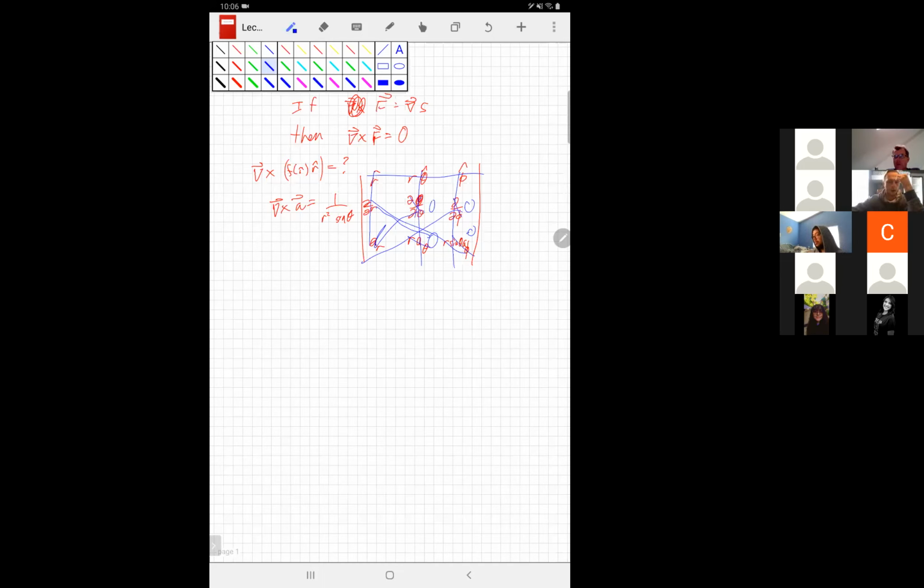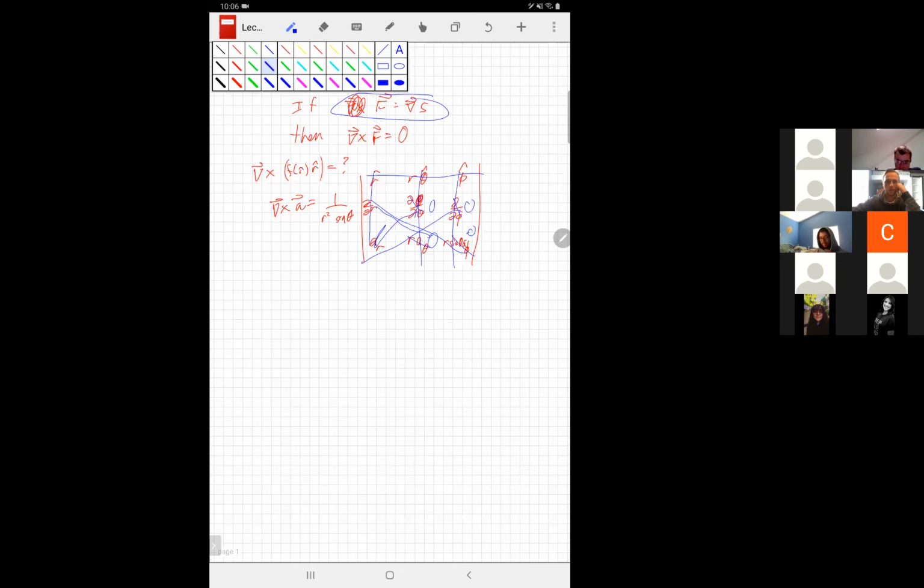Is it always the case that if we do have a gradient, then the curl is 0? If a vector field is the gradient of a scalar field, this is something we proved last time.